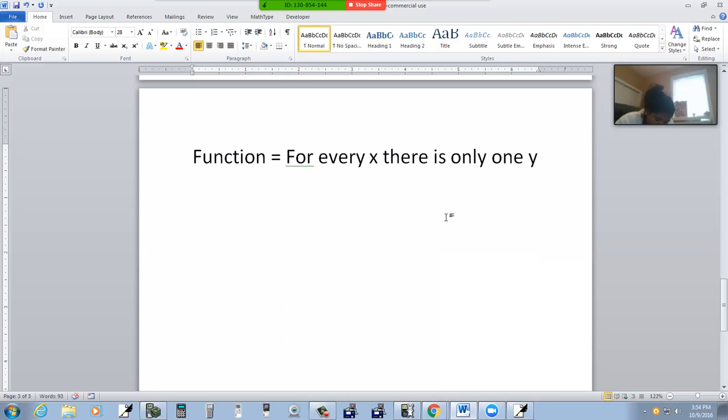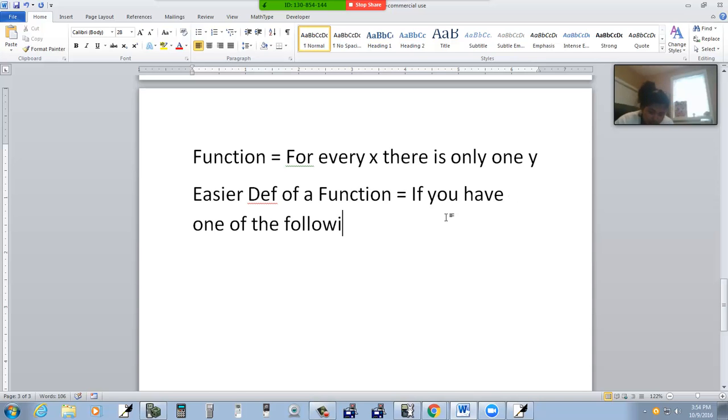So we got an easier definition. And it says, if you have one of the following, it is not a function. If you have y to an even power, if you got the absolute value of y, or if you got the plus or minus symbol.